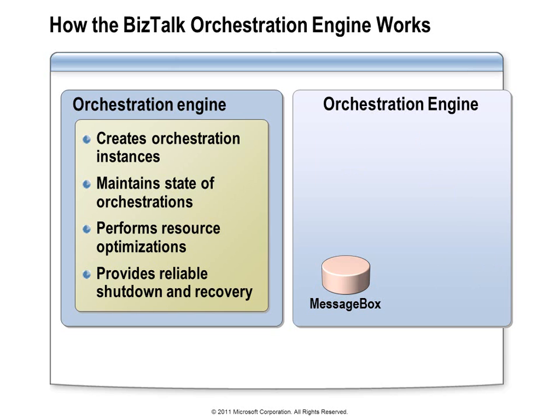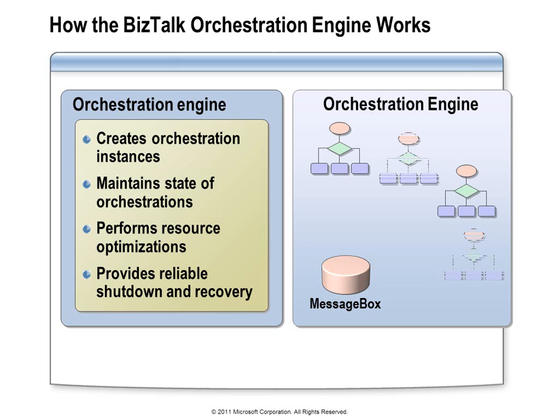And so we have this BizTalk environment that's configured to host some orchestrations. And as messages arrive, the orchestration engine creates instances of our orchestration class. It allows those instances to process, and as each one completes, it cleans up after it and releases any resources that it was holding on to manage that process.